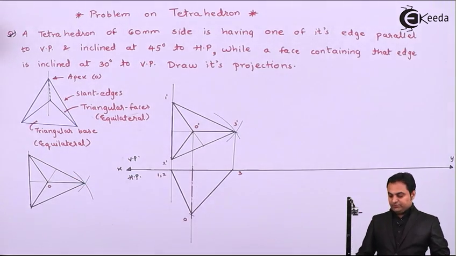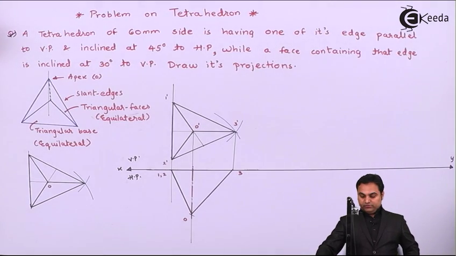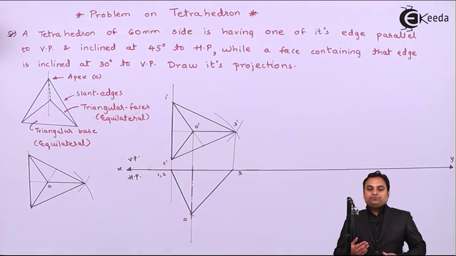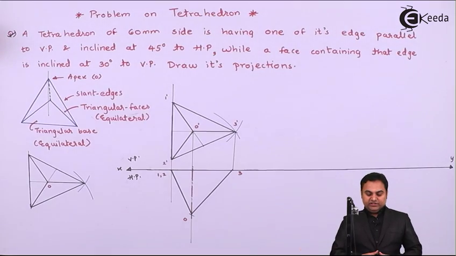Here this shows the axis of the tetrahedron. Now this is the initial condition. After this I'll read the question again.